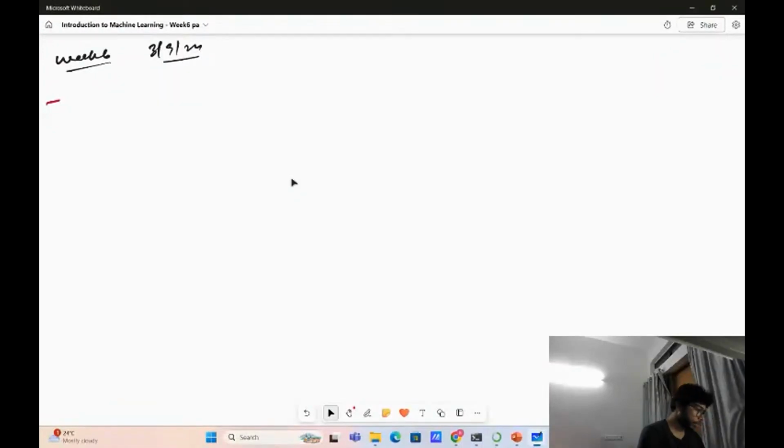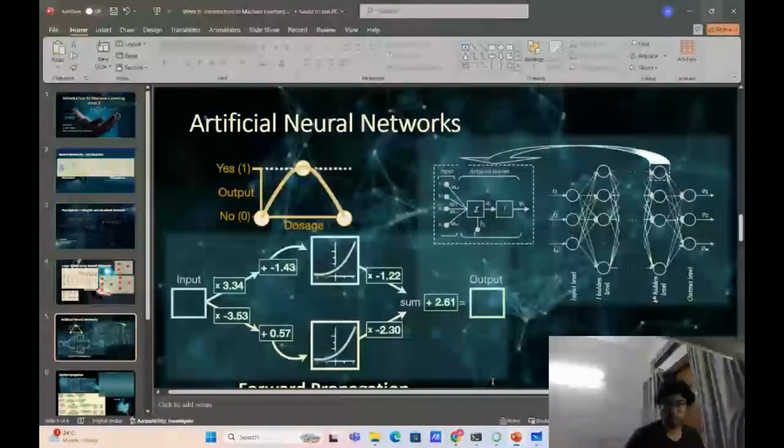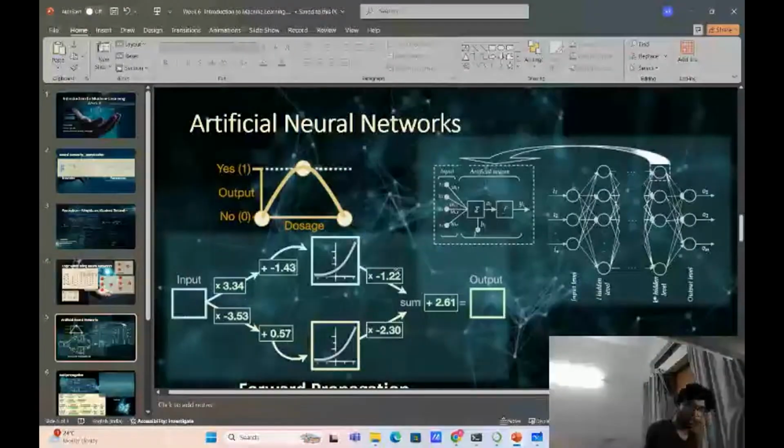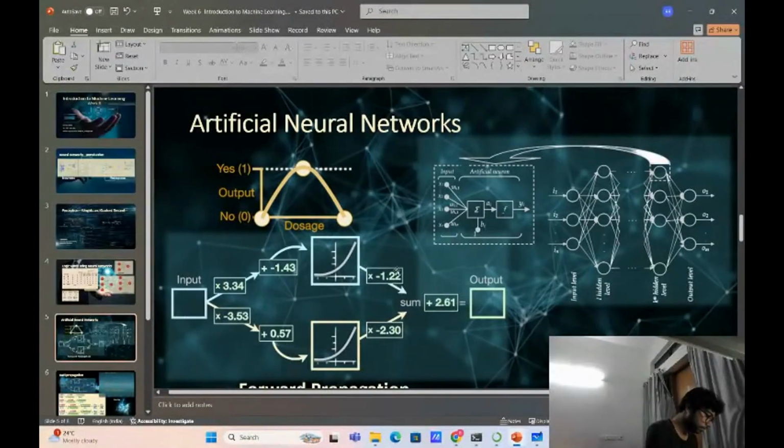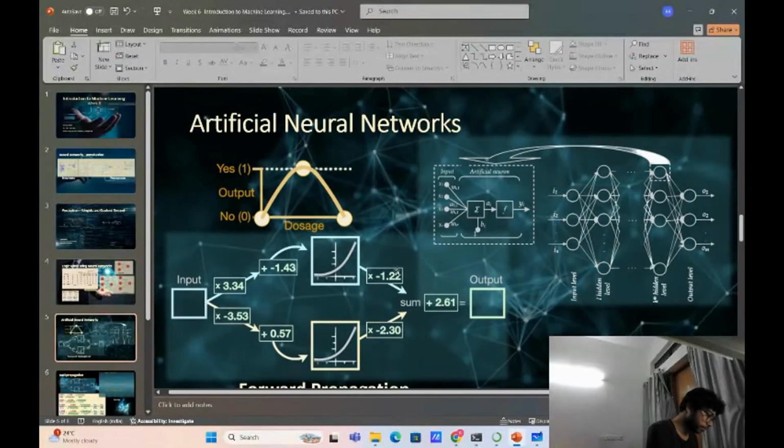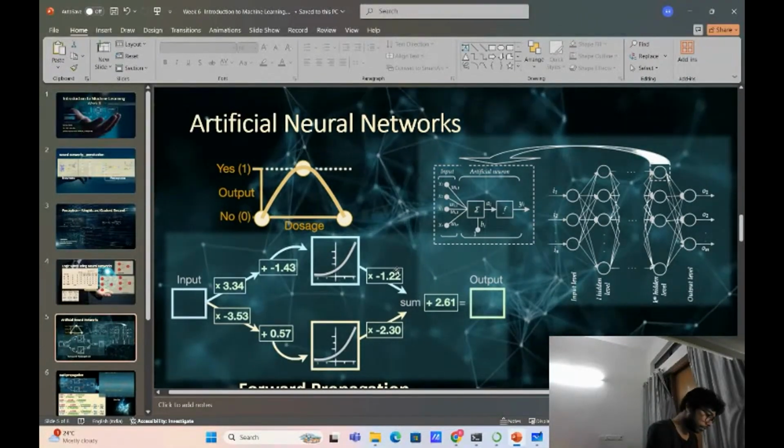Okay. Let me first draw the network here. This is the input node, 3.34, minus 1.43.